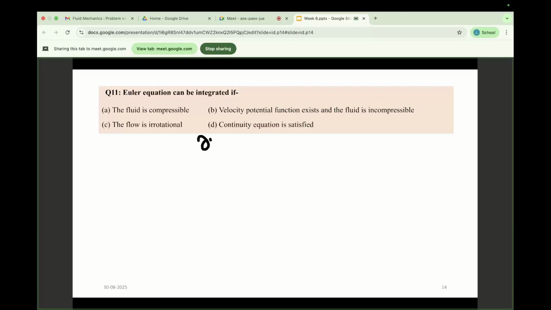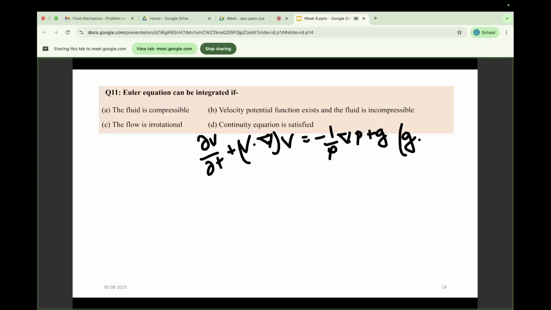This equation is dv by dt plus v dot del v equals minus 1 by rho into del p plus g, where g is minus this one, right?